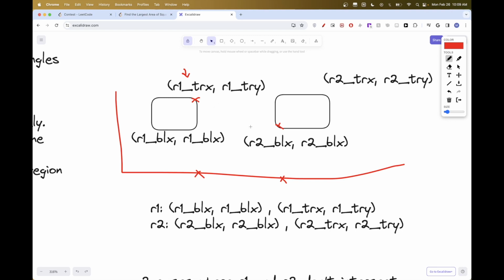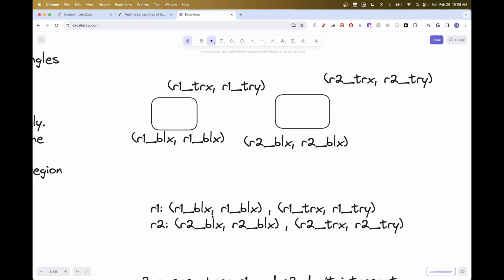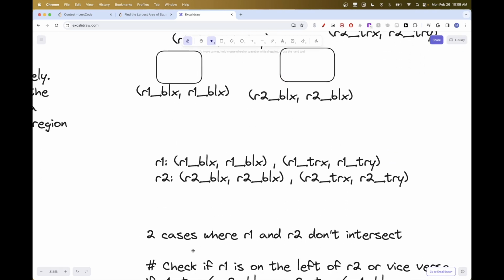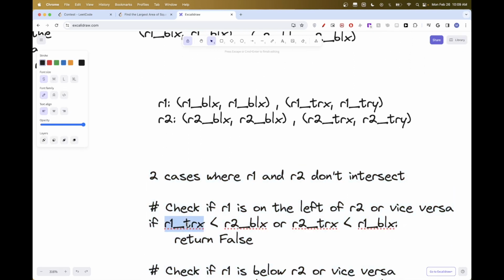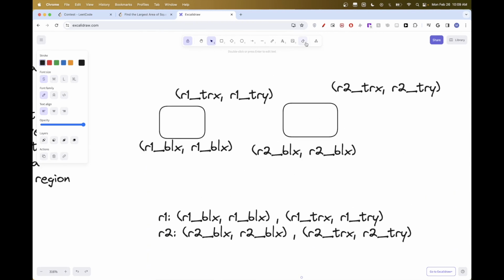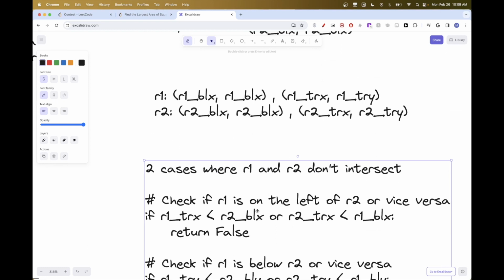There is no intersection because there is some sort of gap. Even if it's here, there is still no intersection, right? So if R1 TRX is smaller than R2 BLX, then we can say that there is no intersection.